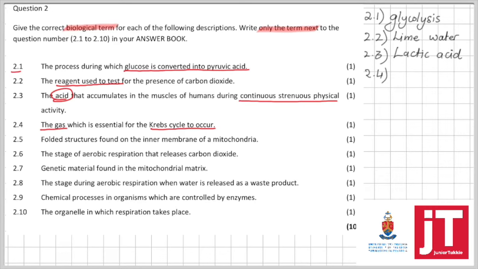So in order for this acetyl coenzyme A, which is a molecule that is produced from pyruvic acid, to actually enter the Krebs cycle, that does not happen unless oxygen is present. So in this case, question 2.4, I would say the gas that is being asked for here is oxygen, because now we're moving from an anaerobic process to an aerobic process in cellular respiration, of which the Krebs cycle is a part.